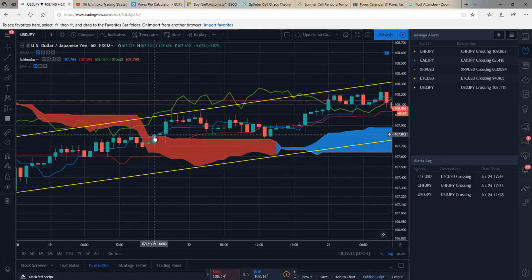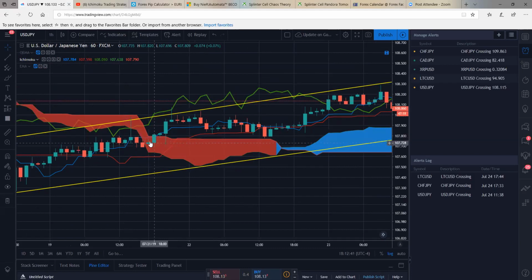You see where my mouse is at? Can you guys hear me? Yes. This is a large candle inside of the red cloud, correct? Large because of its height. Okay.